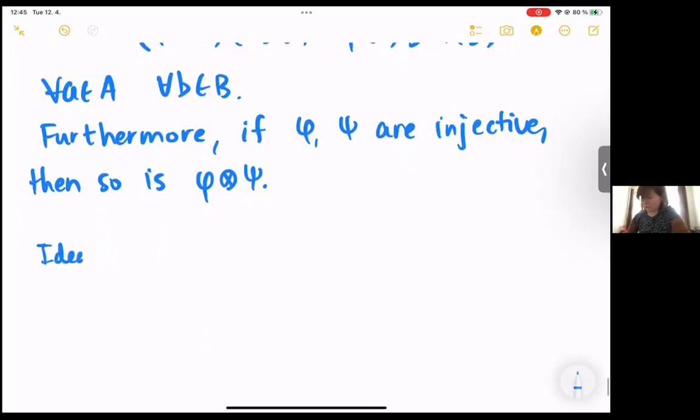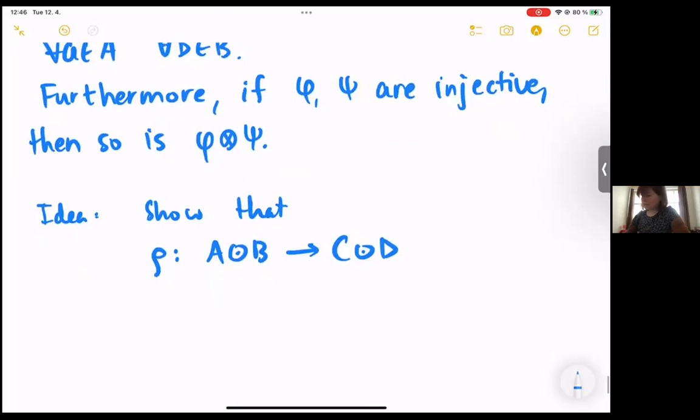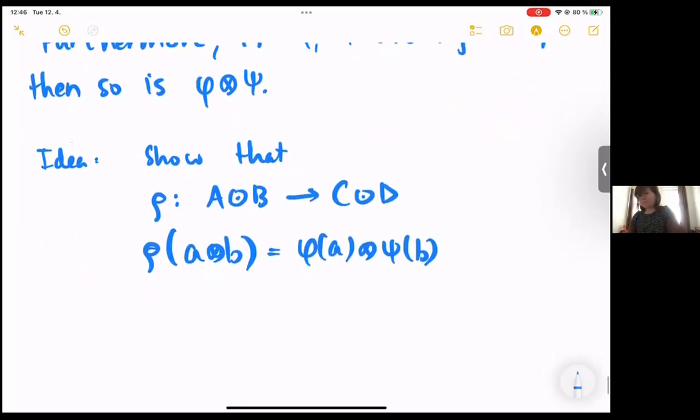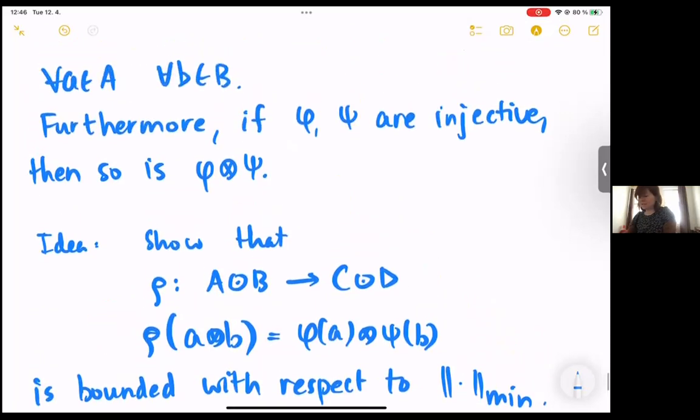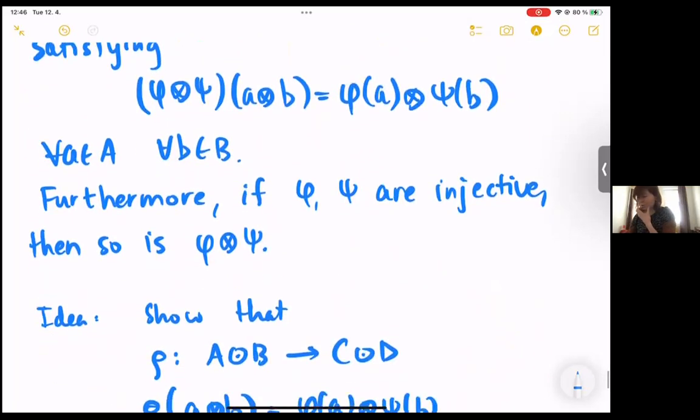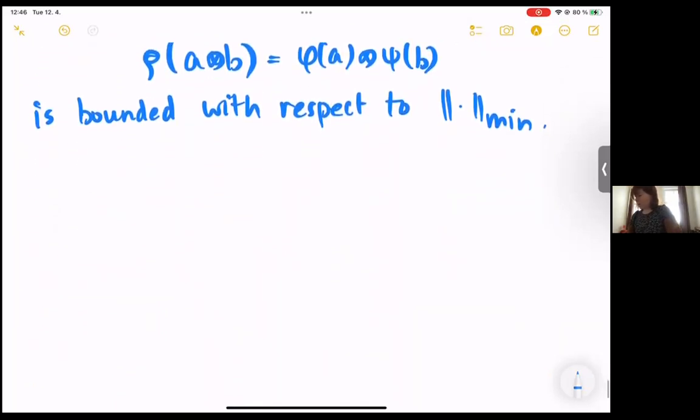So basically the idea here is just to show that if we consider the map of algebraic tensor products, which we know exists, we just need to show that this is bounded with respect to the minimal norms on both A tensor B and C tensor D. That means it extends, and then it's not so difficult from there to show injectivity.